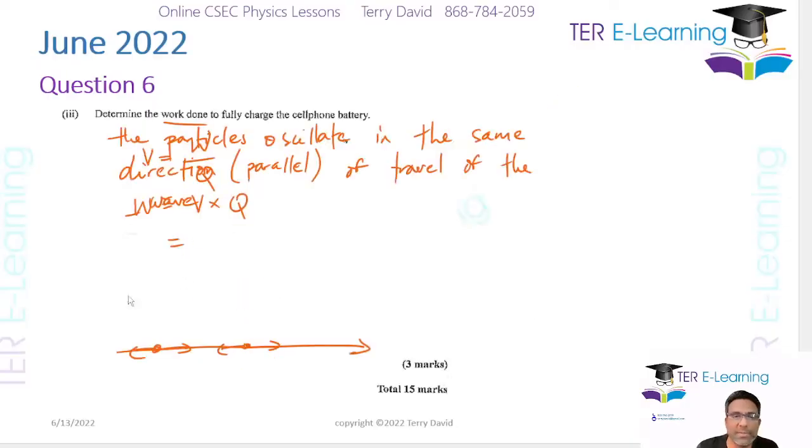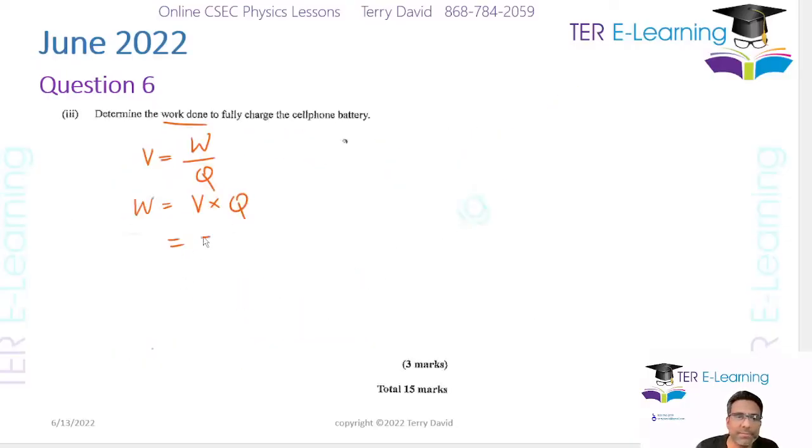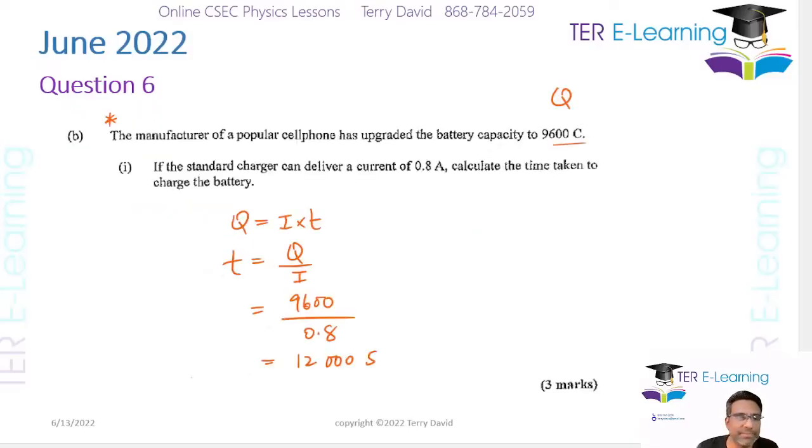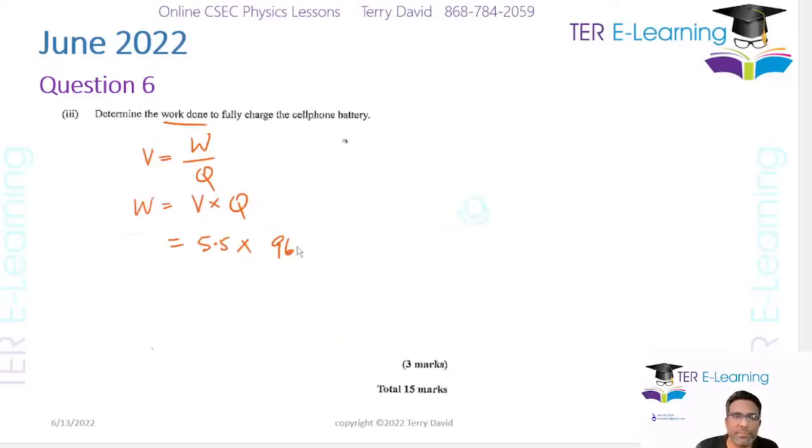So work done is equal to V multiplied by Q. The voltage we just got was 5.5 volts, multiplied by the charge, which was 9600. 5.5 multiplied by 9600 gives you 52,800 joules. And that's it. This was a very easy paper, guys. This paper was easy.